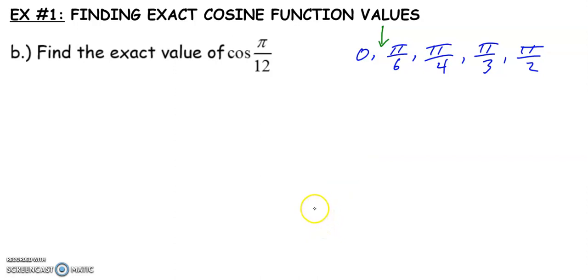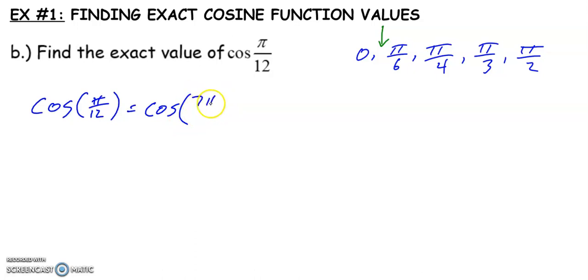Well, we don't know pi over 12. So if we go back to what we did before, can I do any subtracting to get this to be pi over 12? Well, to get pi over 12, I am going to do the cosine of 7 pi over, I don't want to do 7 pi, 6.